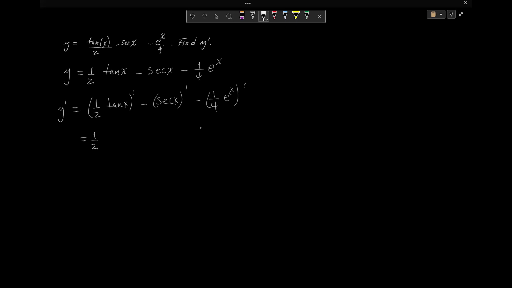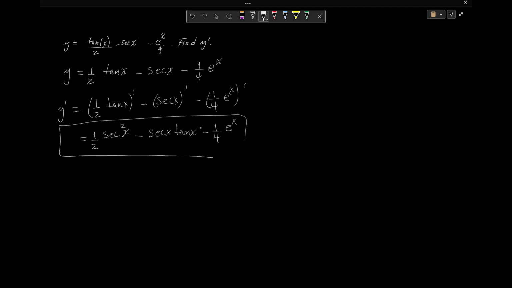I take the derivative of the tangent, and that's the secant squared of x, minus the derivative of secant, which is secant x tangent x, minus the 1/4 comes along for the ride. The derivative of e to the x is itself. And there it is. There is the answer.